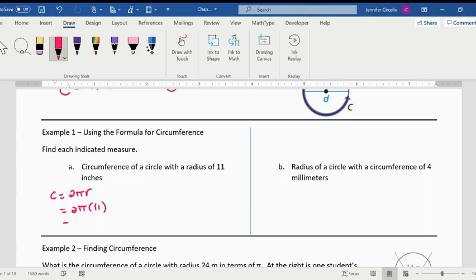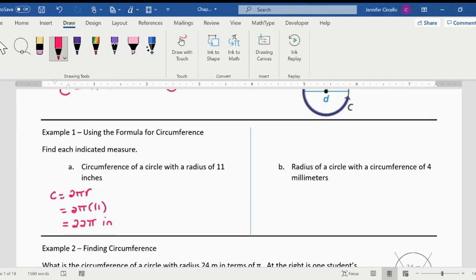That means multiply, simplify as much as you can, but do not push the pi button in your calculator. So I can do 2 times 11 and get 22, and then you leave the pi alone. So it's 22 pi inches. If I said leave your answer in terms of pi, you'd say the answer is 22 pi inches.